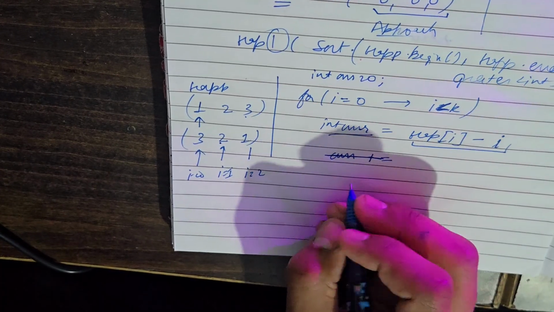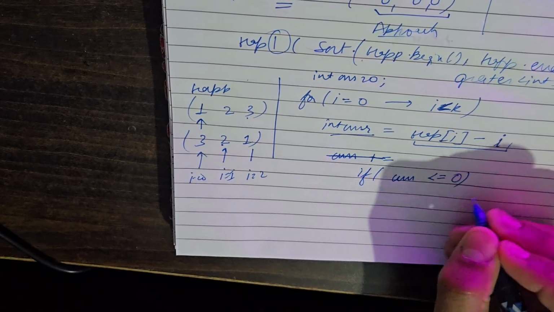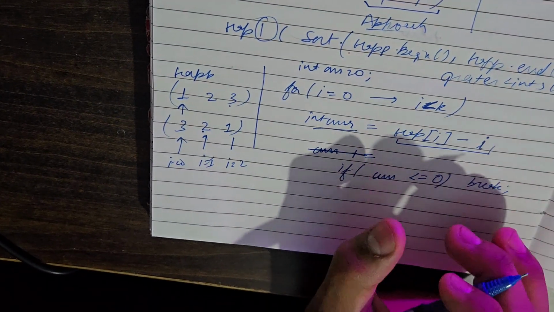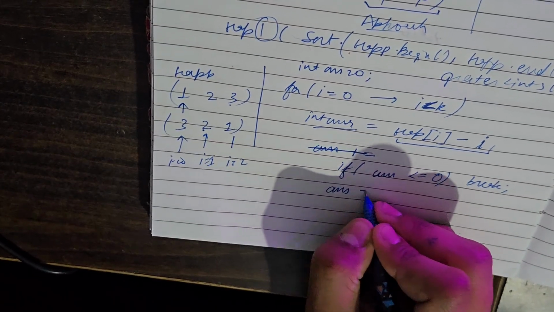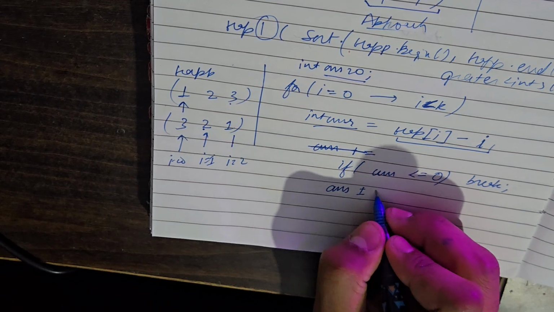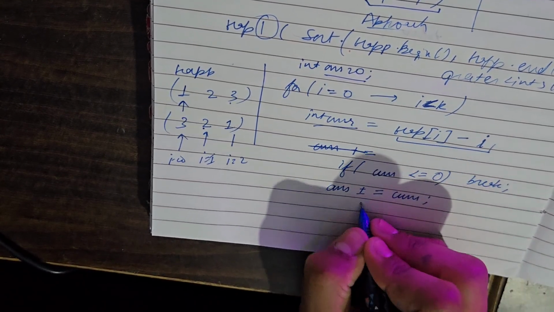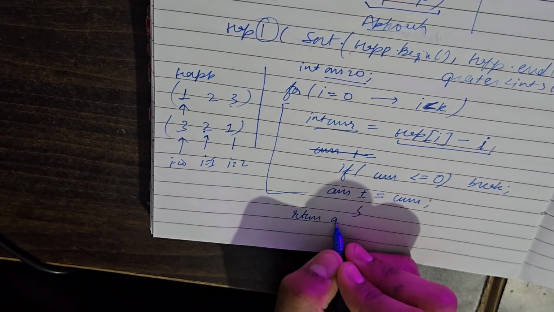So if current is less than or equal to 0, we break the loop. Otherwise, answer plus equals current. This is inside a for loop, and after all of it we will return our answer.